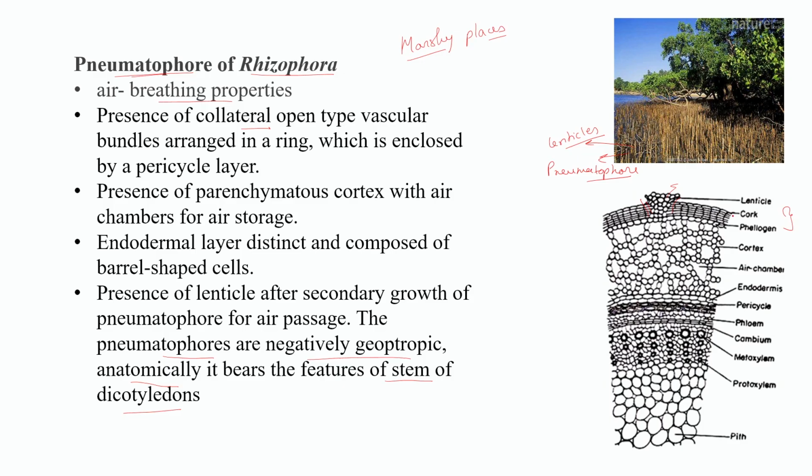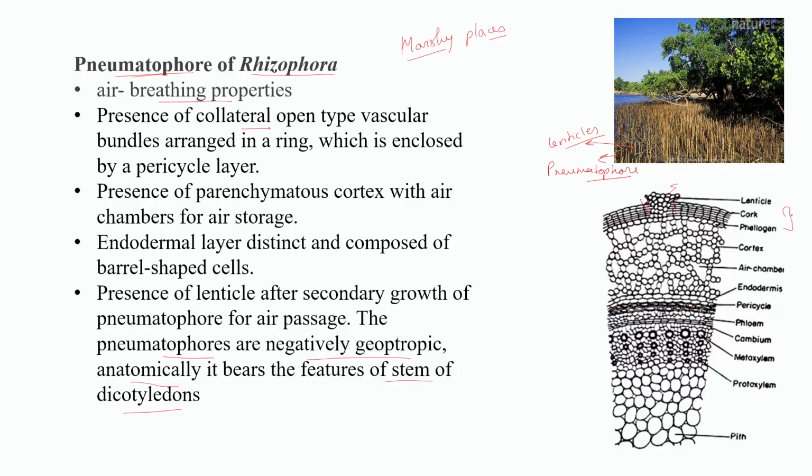Below this cork, you will have cortex, which will also contain air chambers. They will contain air parenchyma for better gaseous diffusion and exchange. Then after that, they will have normal organization. They will have endodermis, then pericycle, and then secondary xylem and phloem formation will be there. It might be there, or otherwise they can have normal vascular tissue.